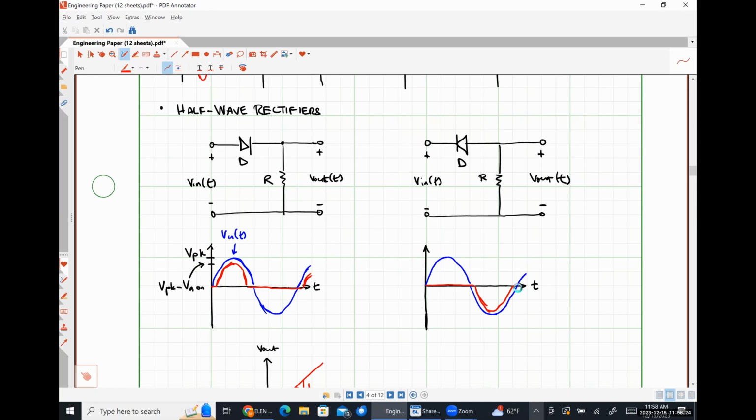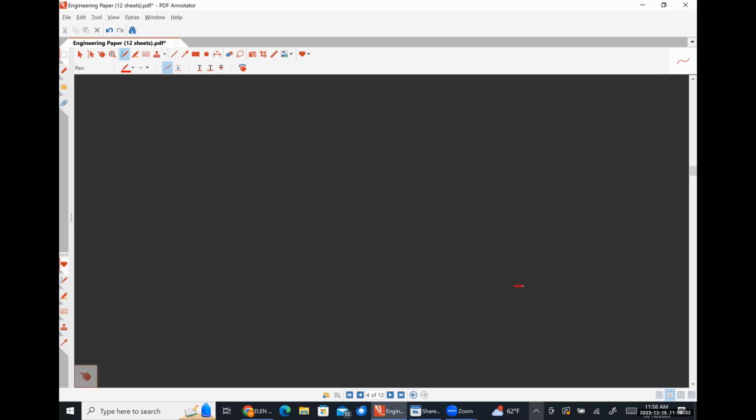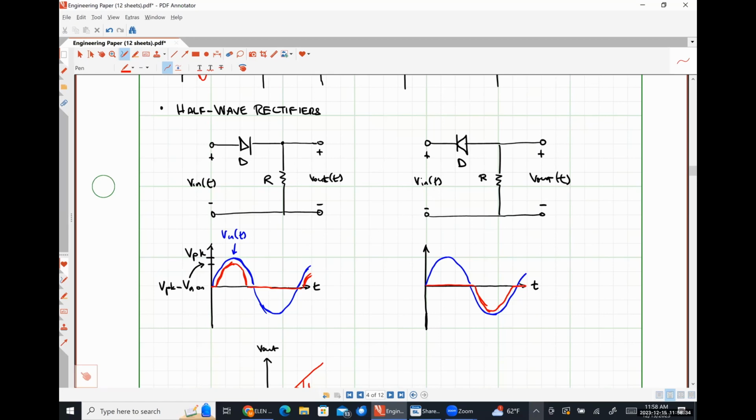Where this value is negative V peak. And then this value right here is negative V peak plus VD on.